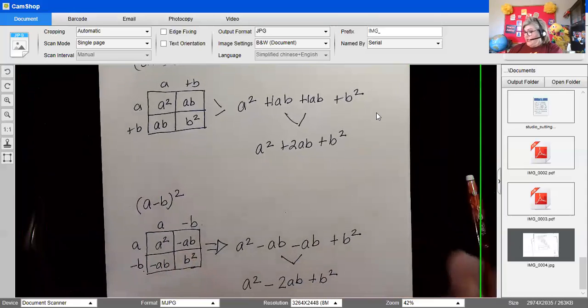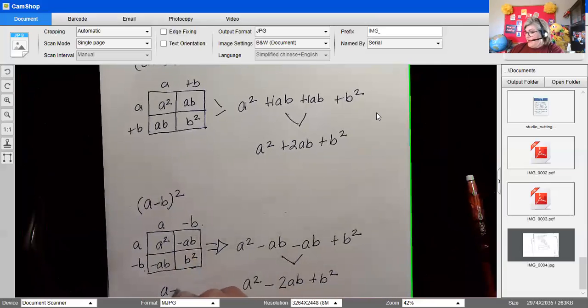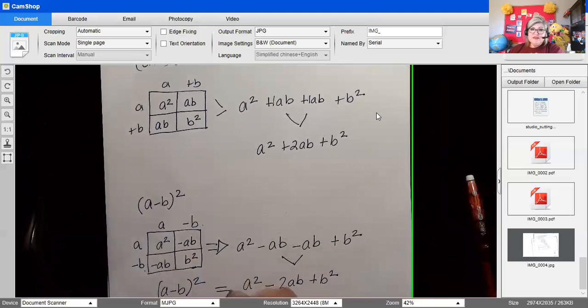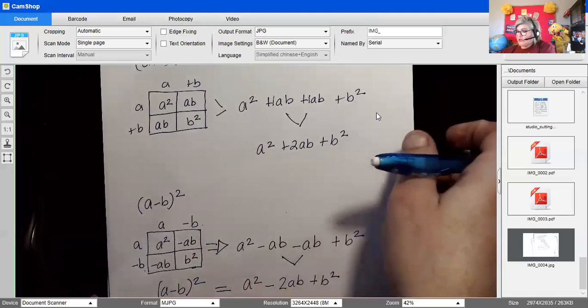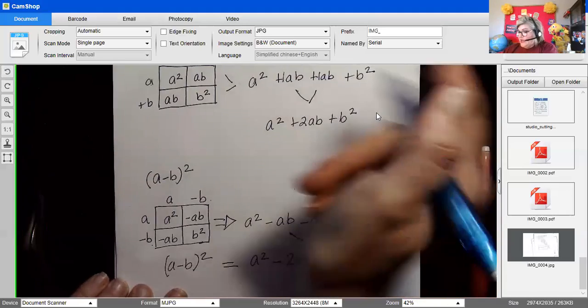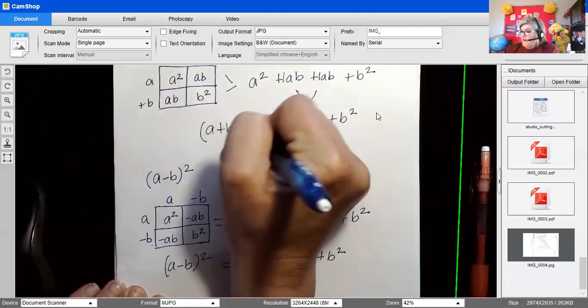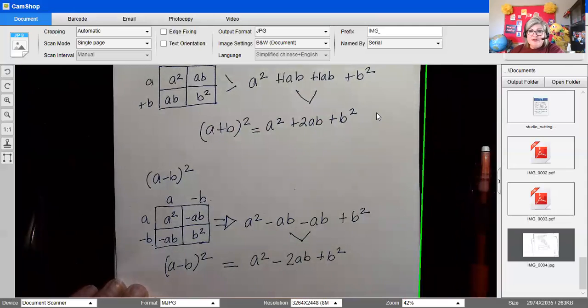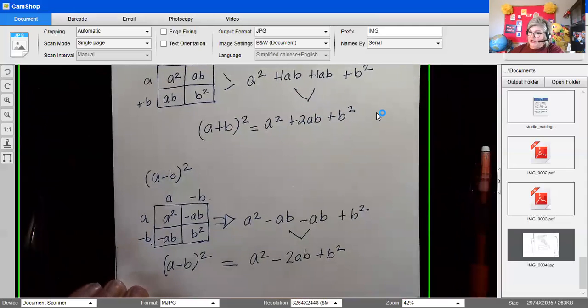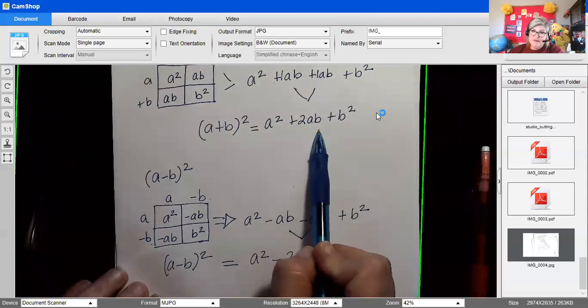So when you're looking at a minus b squared, it looks very similar to the a plus b squared. The major difference that I want to draw your attention to is going to be this middle term.